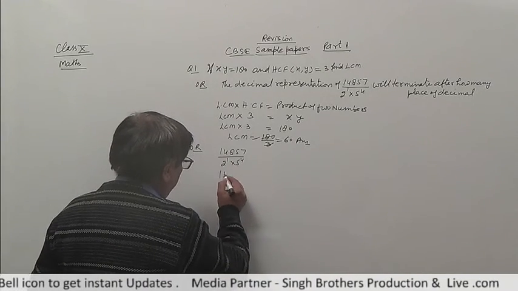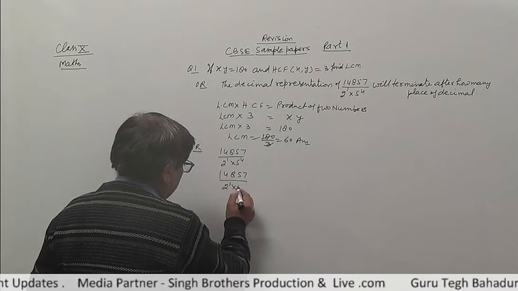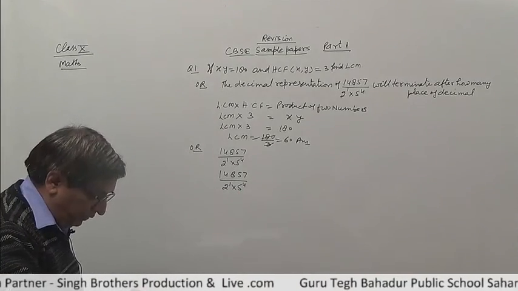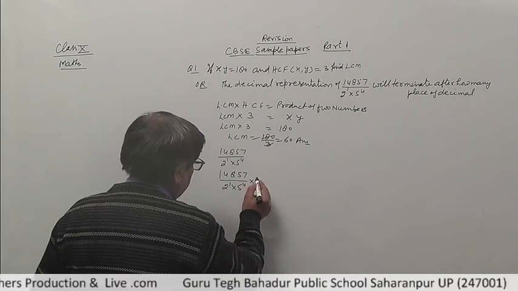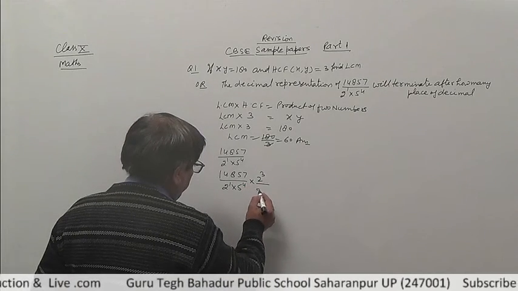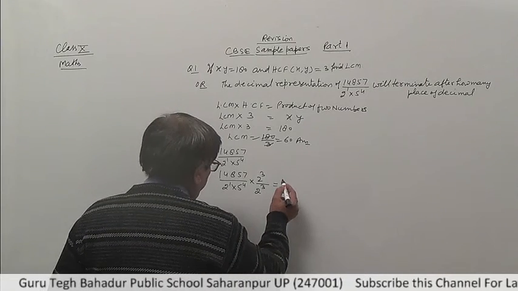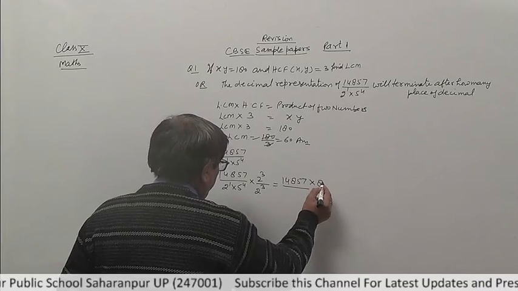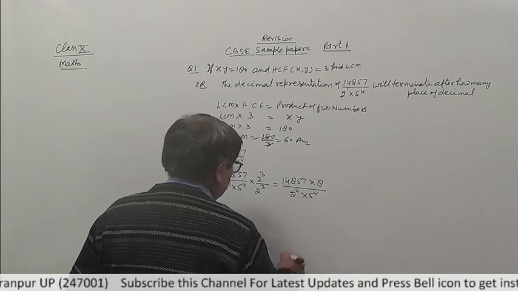How will you make it? 2 power 1, 5 power 4. It has only power 1, we need power 4, so it is 3 powers less. So multiply and divide by 2 power 3. So it will be 14857 into 8 over 2 power 4 into 5 power 4.